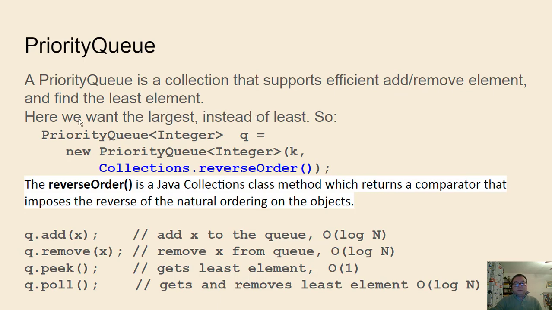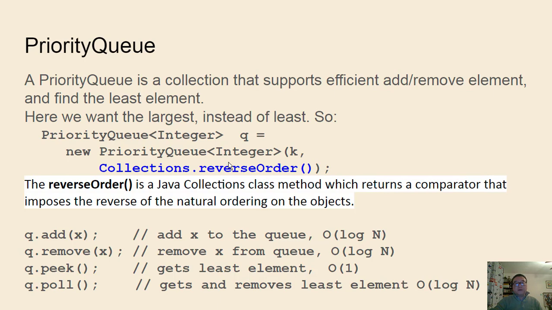In this case, the priority queue in Java, I think, by default finds the minimum. So there are two ways to do it. One is that when we create a priority queue, we provide a comparator which will reverse the order.